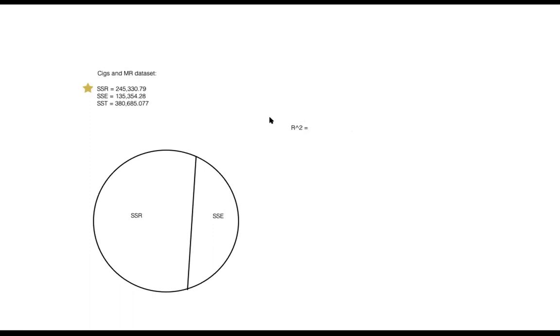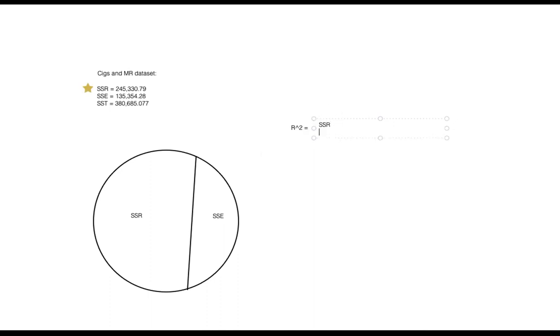Instead of saying the portion of SST that your model explains, we're going to say the proportion of the total variation in your dependent variable explained by your model. Meaning, we're going to be doing R squared as SSR, so this is what we're explaining, what we want to focus on.